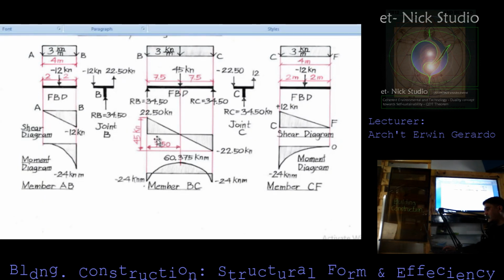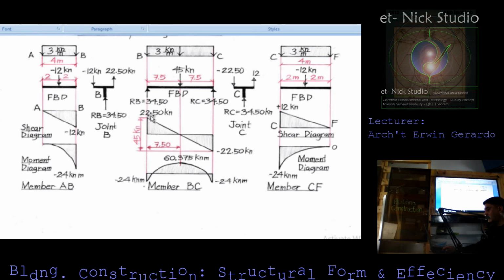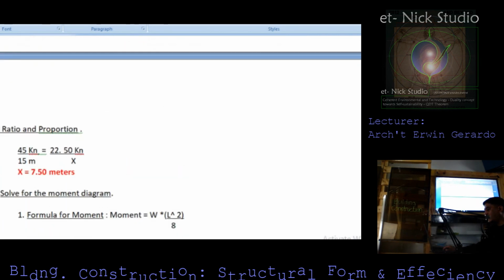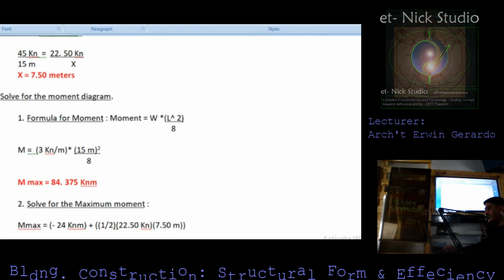Because at the tip, here if you look at 45 kilonewton, we have a 15-meter span, because take note 7.5 plus 7.5 is 15 meters. Then here is another right triangle, you have 22.5, then just put here the value of x. Therefore you are able to solve for the median, which is actually 7.5.